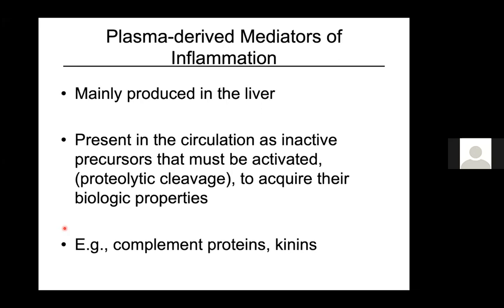Usually they are present in circulation as inactive precursors, which must be activated by cleavage, okay? So proteolytic cleavage is what now leads to the active form of these proteins. For example, the complement proteins, okay? Remember, one protein gets activated, or cleaved, it becomes active, and then it activates or cleaves the next one in the cascade, okay?